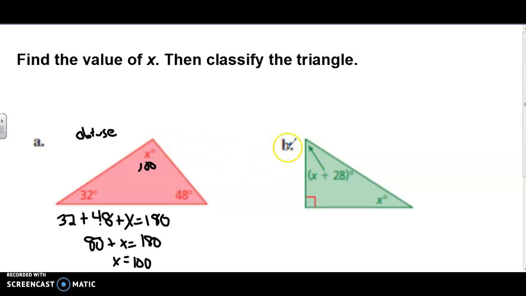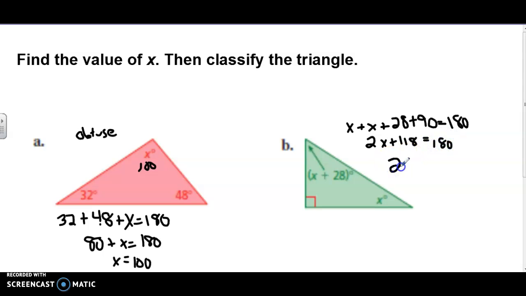Or 90 exactly. So for this one here, we have these three angles. We have x, we're going to add x plus 28, and then we're going to add 90. And we know that has to all add up to 180. So we'll simplify the left-hand side. We get 2x plus 118 equals 180.